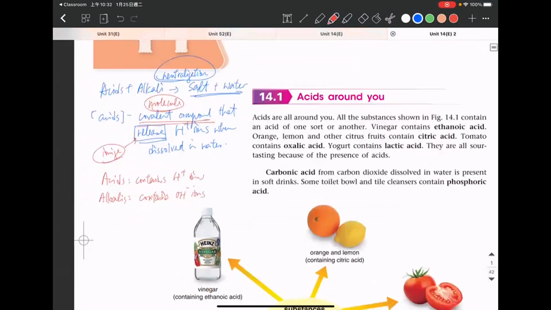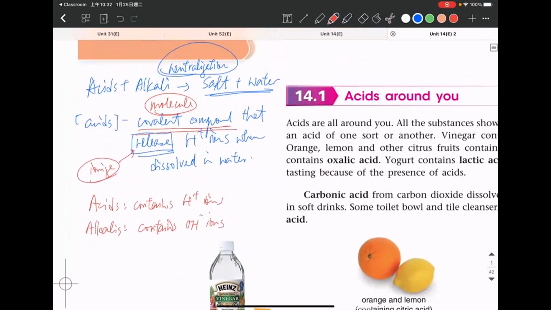But my question is, for the chemical which contains hydrogen ion, it must be acid, and the solution containing hydroxide, it must be alkaline. Am I correct? In other words, if I say that acid inside would have hydroxide ion, is it wrong?